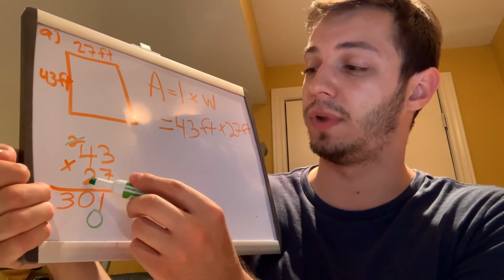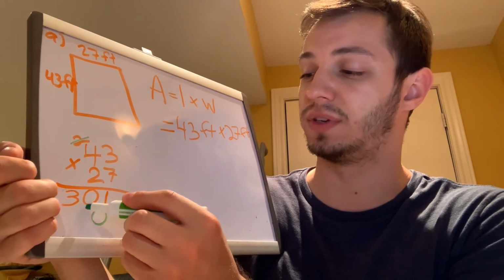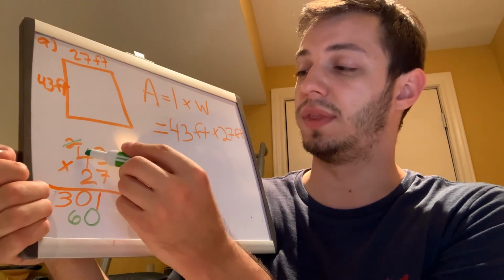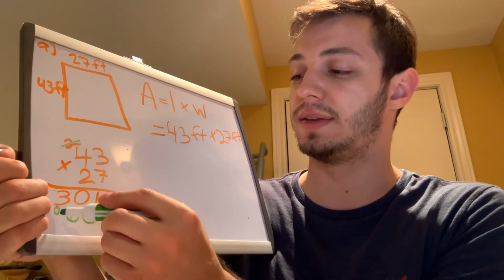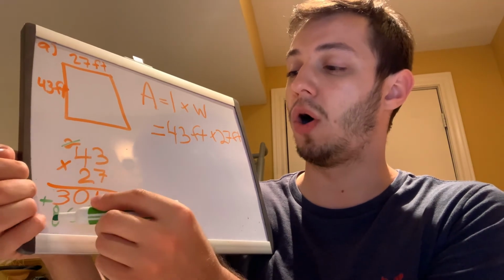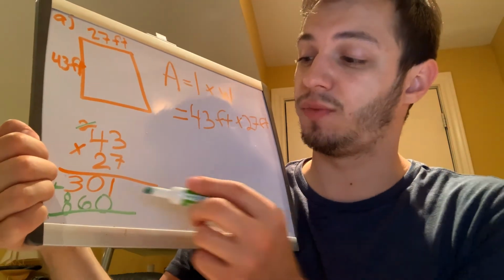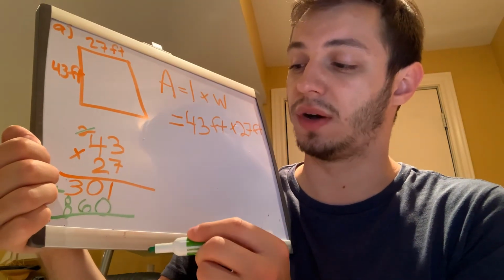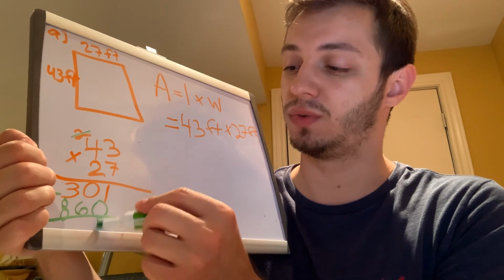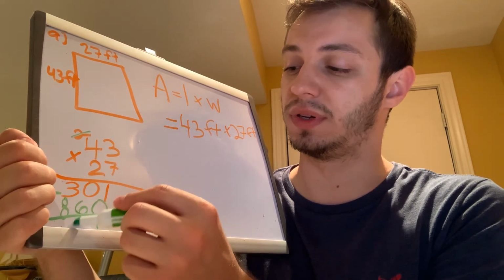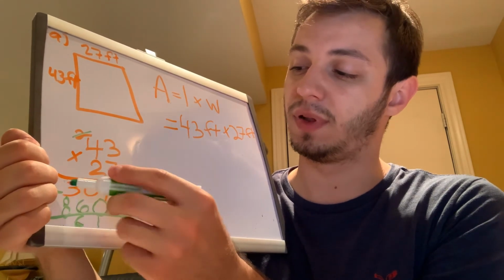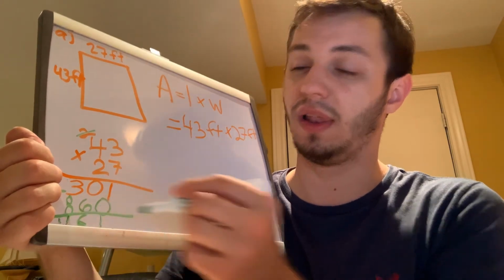And now I'm going to multiply the 2 and the 3, which gives us 6, and the 2 and the 4, which gives us 8. I'm almost done, but we have to remember our last step. Our last step will be to add all of these numbers up. So 1 plus 0 is 1, 6 plus 0 is 6, and then 8 plus 3 gives us 11.